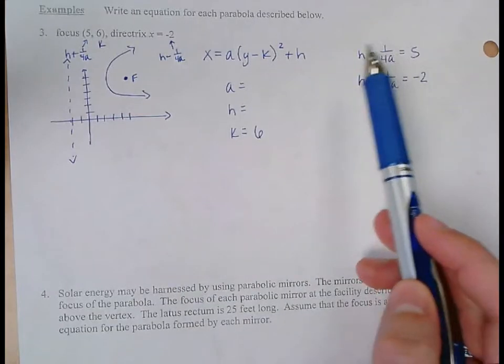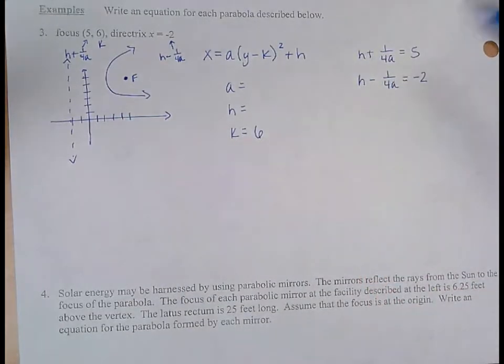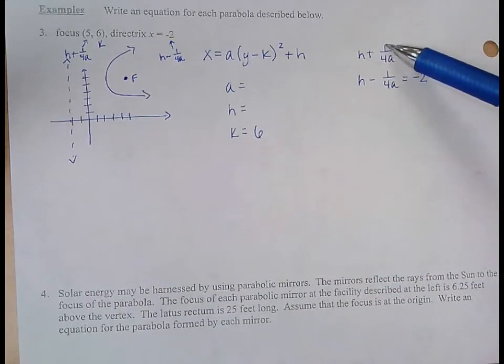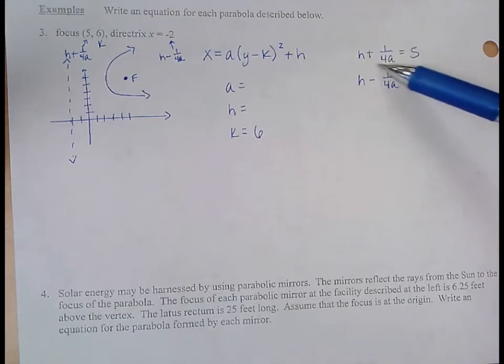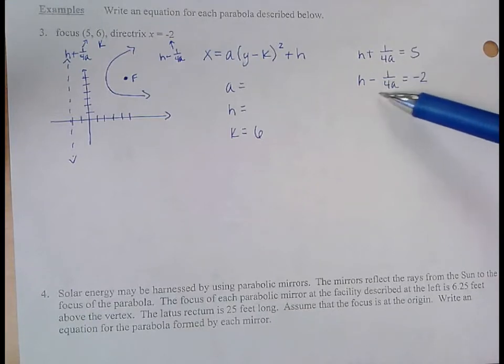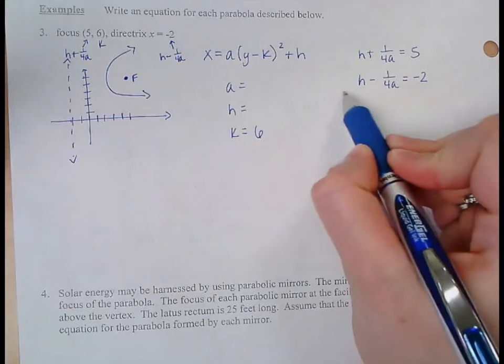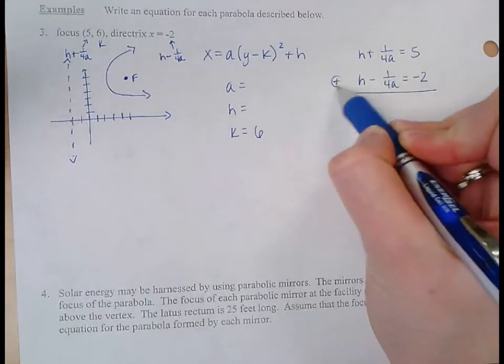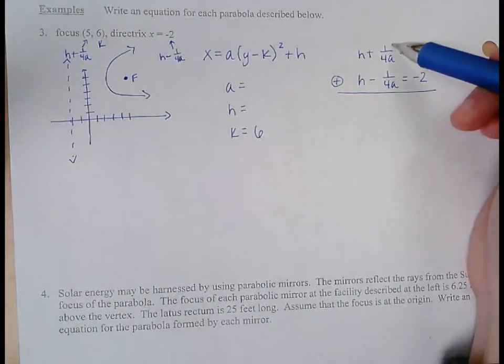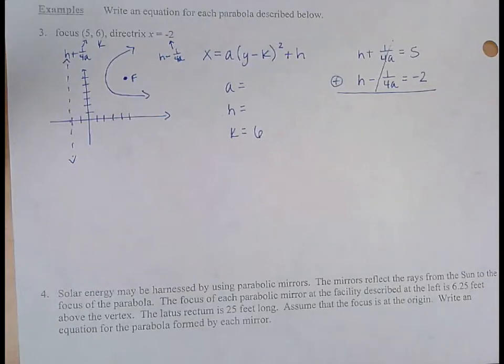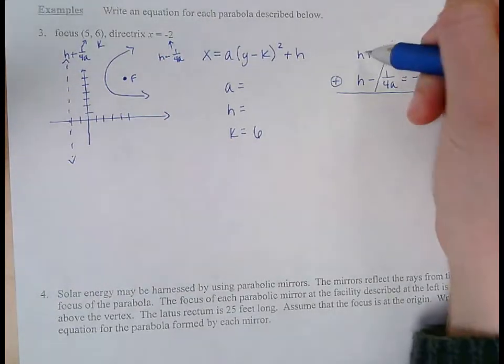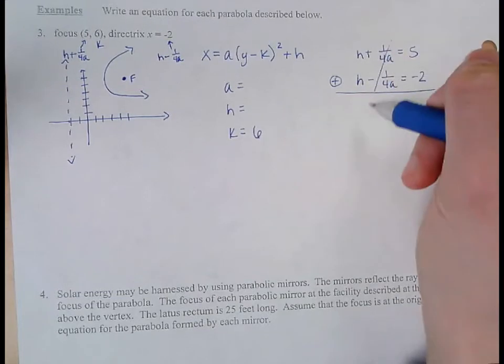So if you look at this system, notice in one equation you have plus 1 over 4a, the other you have minus 1 over 4a. That means if I add these two equations together, the 1 over 4a's eliminate. And that allows me to solve for h. So I have h plus h, so that would be 2h.